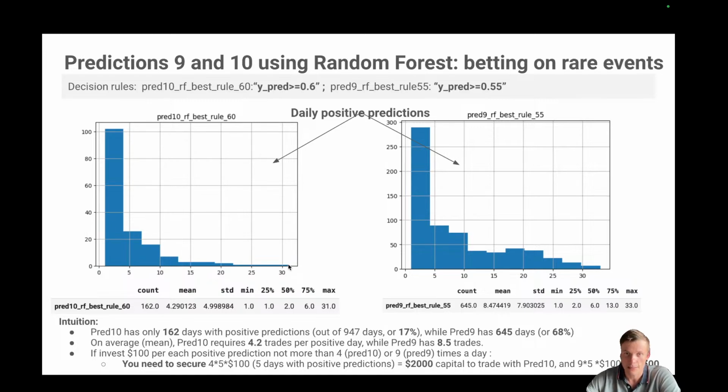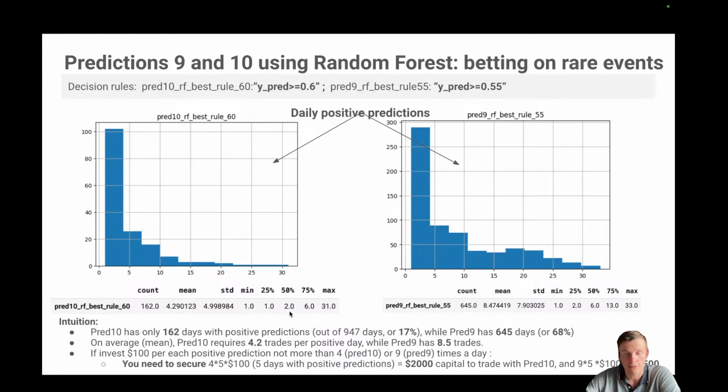But sometimes it said that you need to have 20 or 25 or even 30 predictions. Here it's 31 predictions that were positive. On average there were 4.3 cases, and the median is only 2 cases.